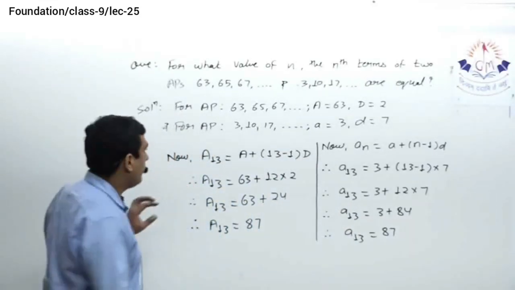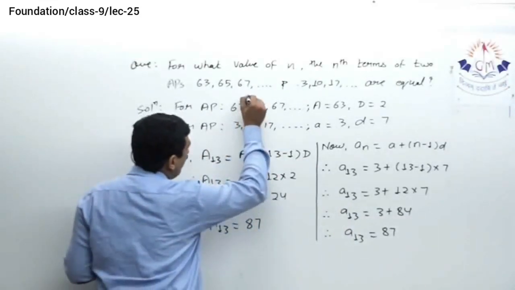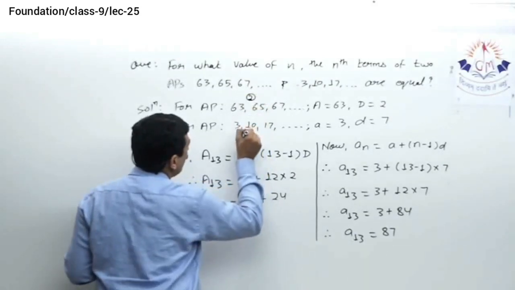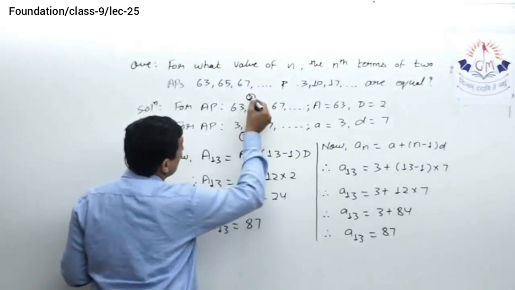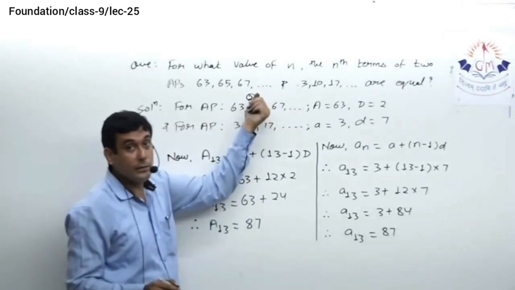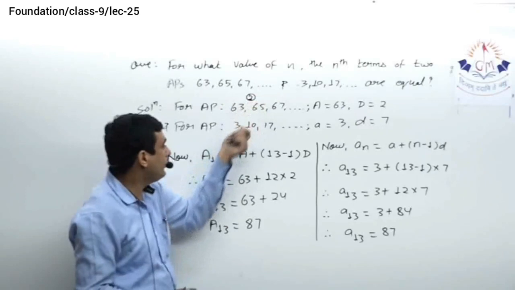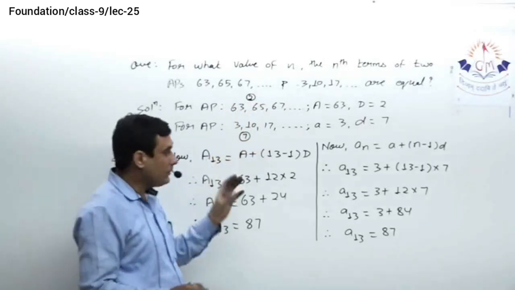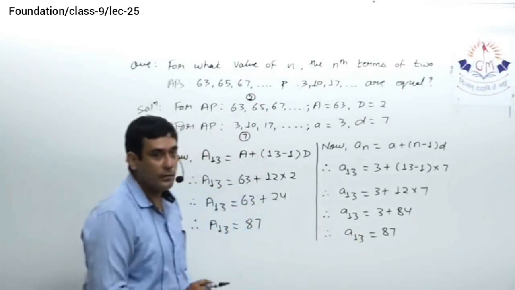It is because of the common difference. Here the common difference is just 2 and over here the common difference is 7. That means more than 3 times, actually 3.5 times of this common difference. So that's why the 13th terms are the same.